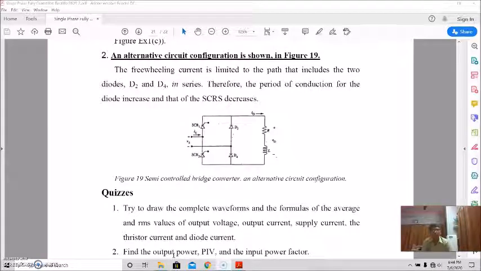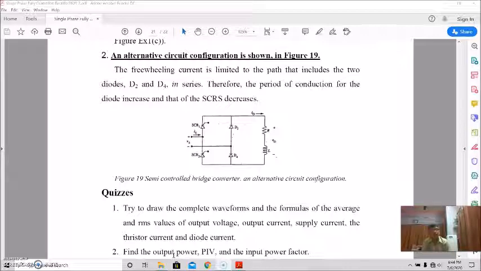See, actually in this arrangement the freewheeling current is limited to the path that includes the two diodes D2 and D4 in series.